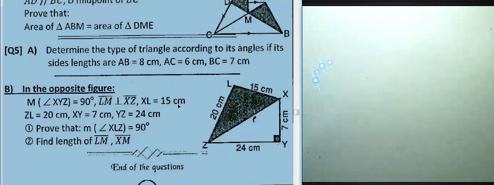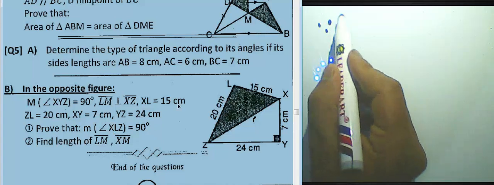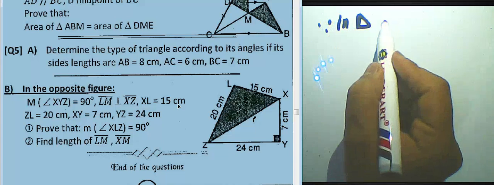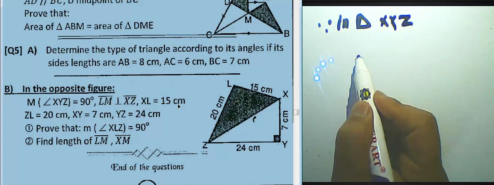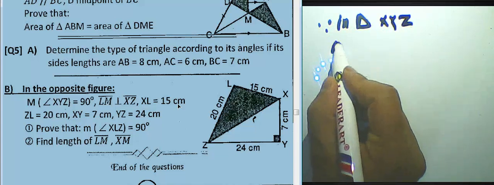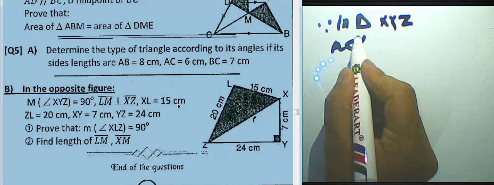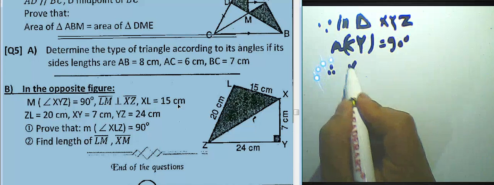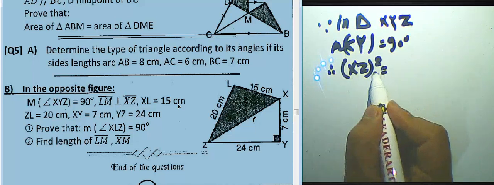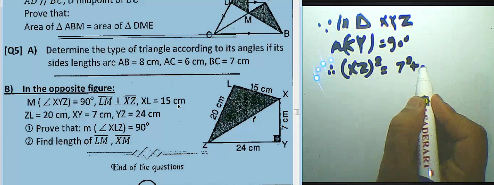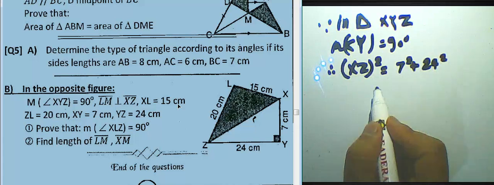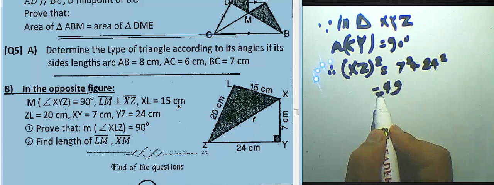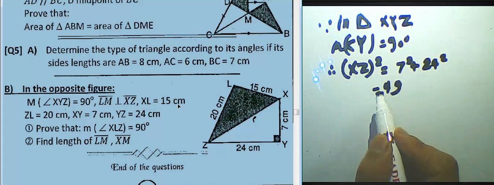Okay, we know that in triangle XYZ, the measure of angle Y equals 90 degrees. Then XZ power 2 will be 7 power 2 plus 24 power 2, 49 plus 576.